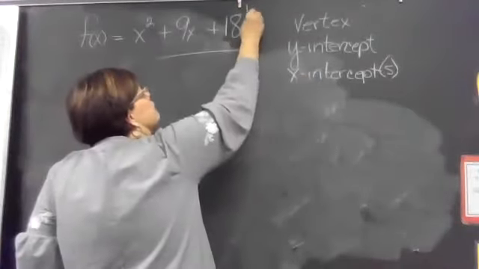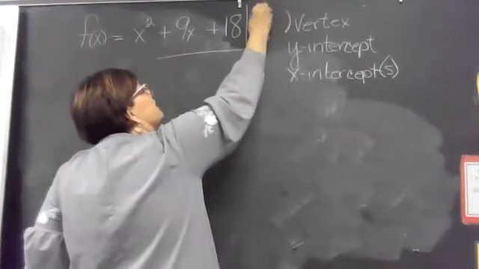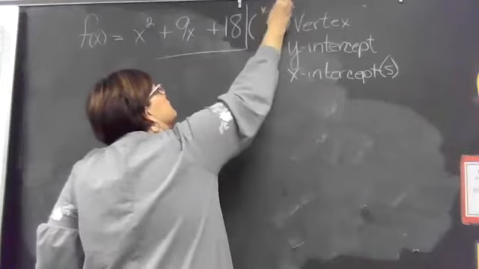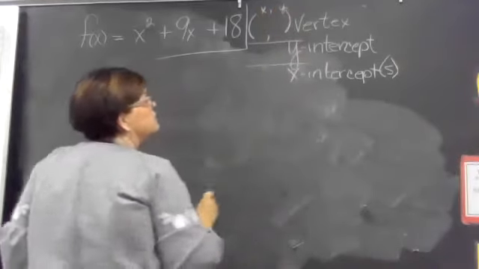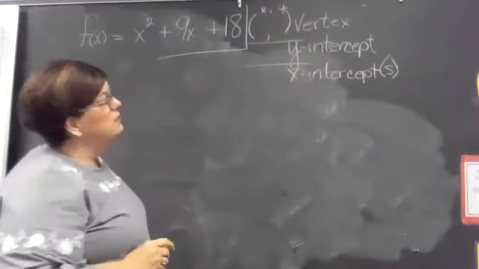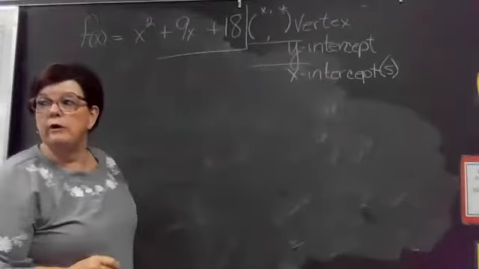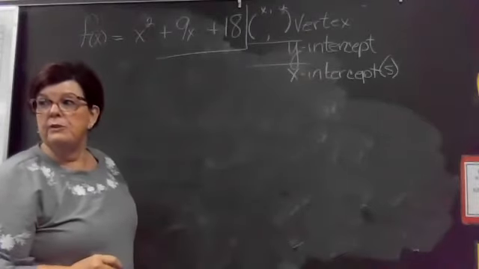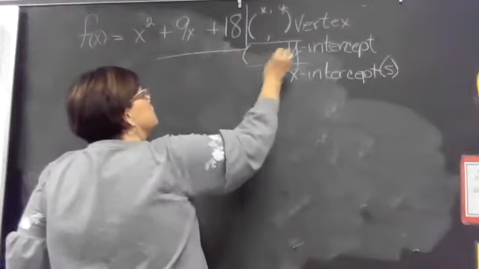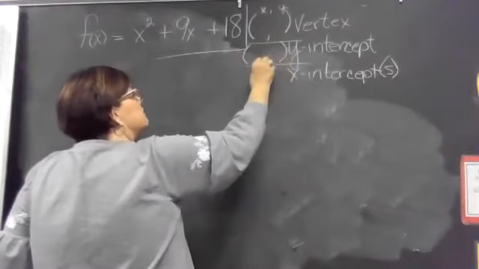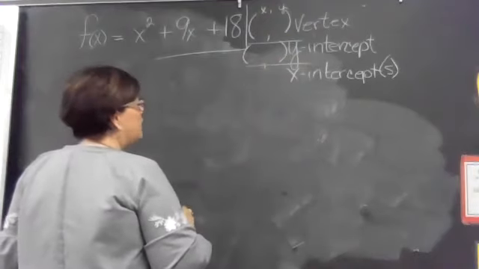Now we know that the vertex is a point that is going to have an x and a y. Our y-intercept, if you'll remember from our past videos, intercepts are points that have 0 somewhere in it. Intercepts always have a 0. So this will help you if you'll memorize this and write it down before you start your work. It will help a whole lot.